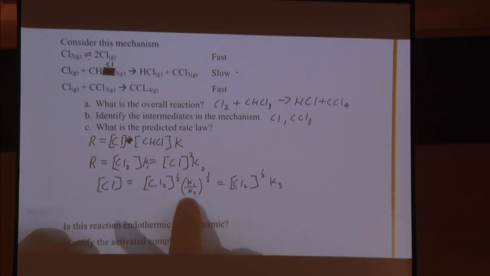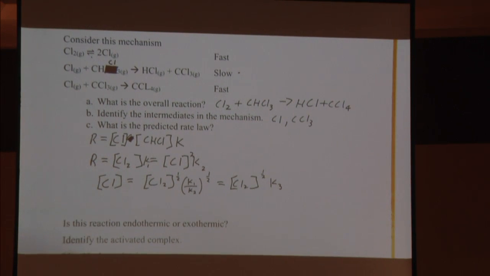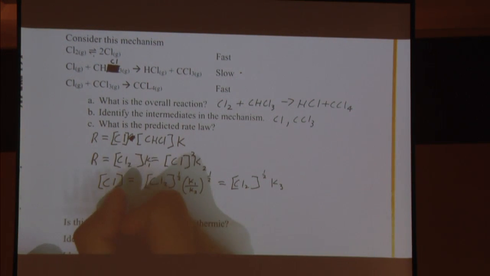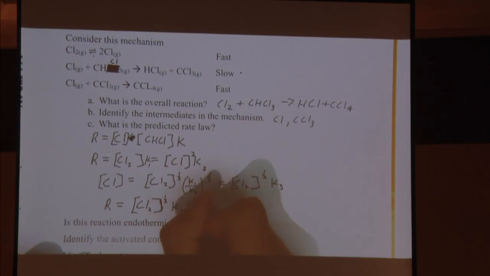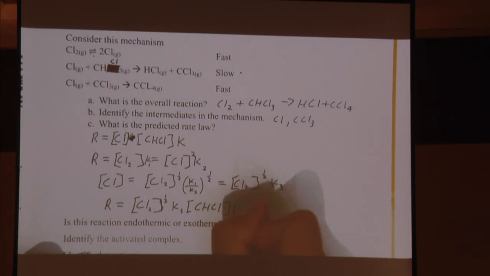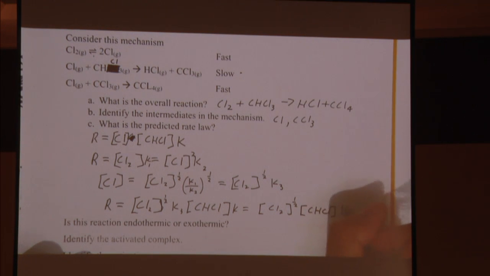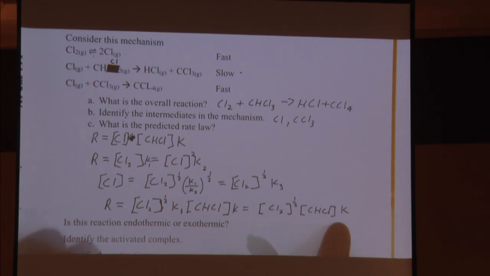And here I just reduced this fraction, square rooted, to just some other arbitrary constant. And now we can take this and substitute it back into our original equation. And here I've just combined these two arbitrary constants into just another arbitrary constant.